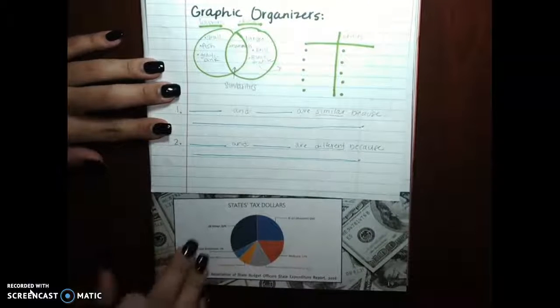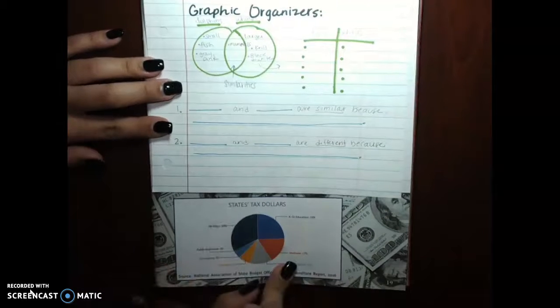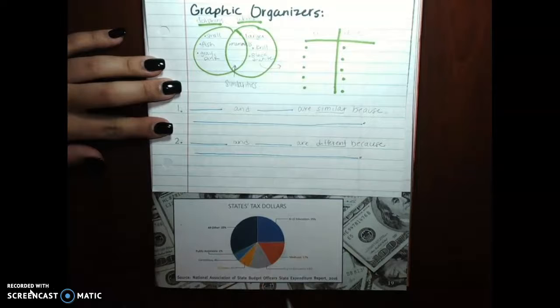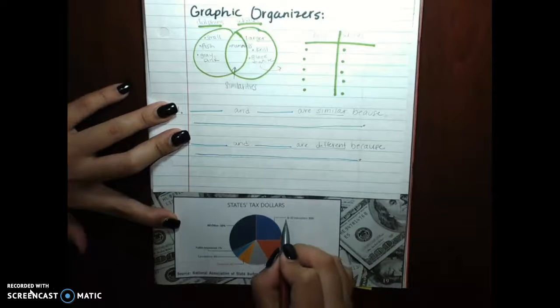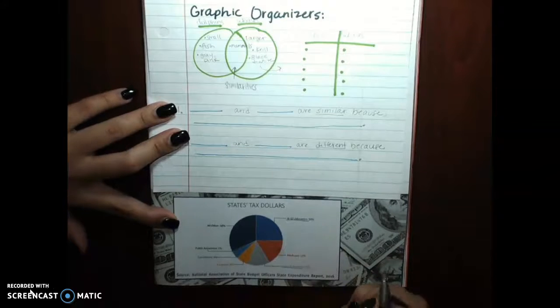So for my comparisons, I'm going to use this pie chart right here in the bottom, and I'm going to look at some differences. I'm going to compare the differences between higher education and K through 12 education.